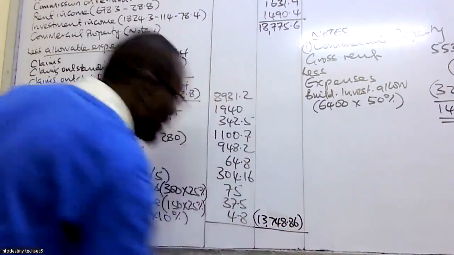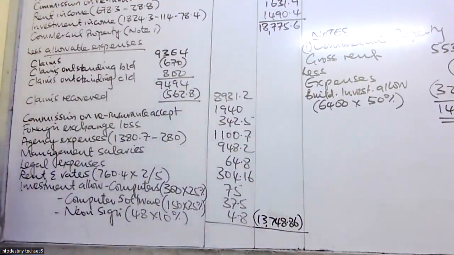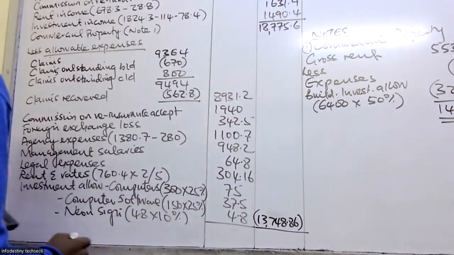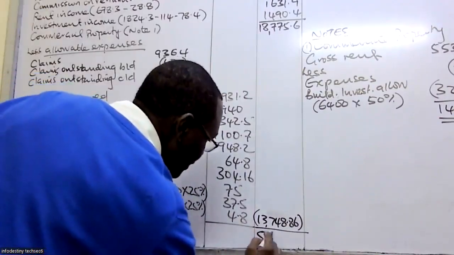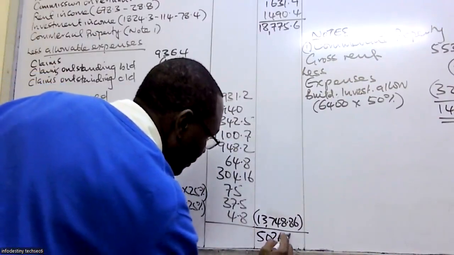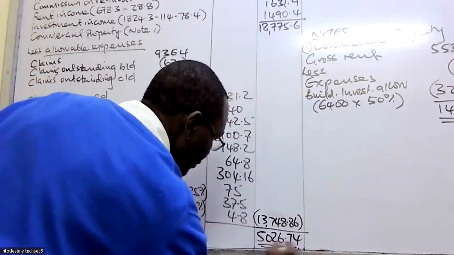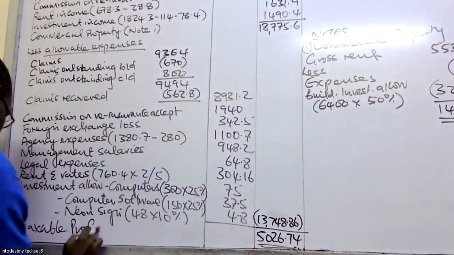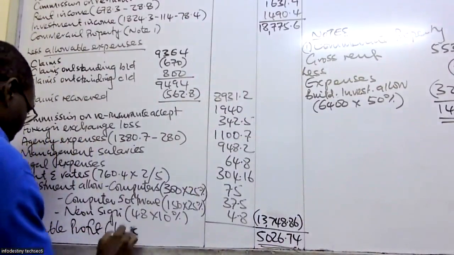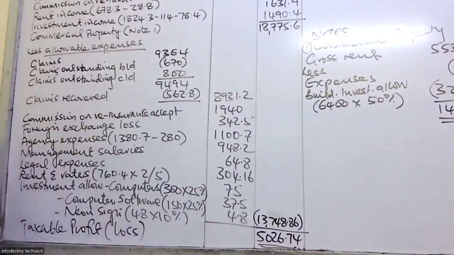So what is our income? 5026.74. This is taxable. So 5026.74 is our taxable profit.